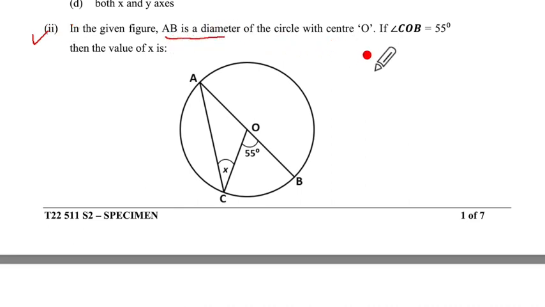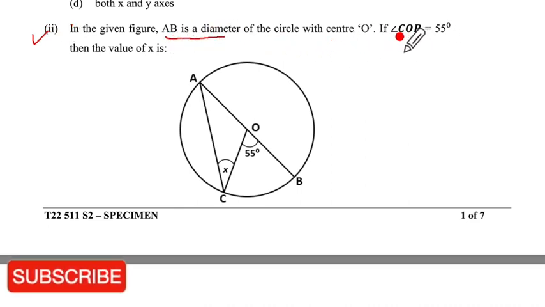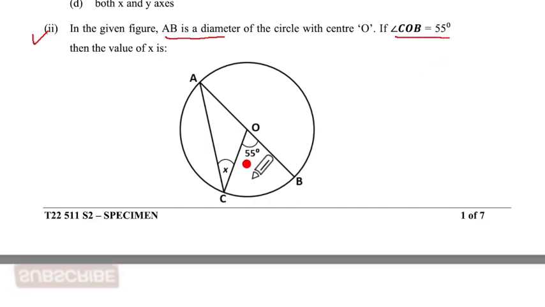AB is the diameter of the circle with center O and angle COB is 55. So COB has been given. We have to find the value of x. Now since it is a multiple choice question, we can do this very fast. This is 55 degrees. This 55 degrees is the angle subtended by arc BC at the center, and BC is subtending this angle here at the circumference, in the remaining part of the circumference.